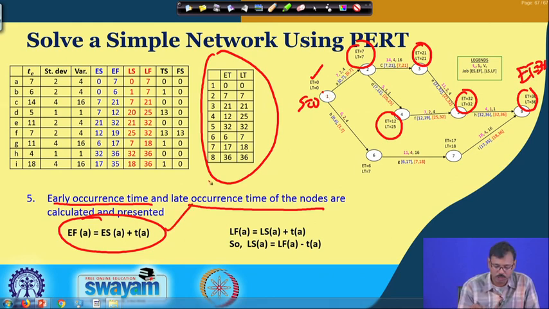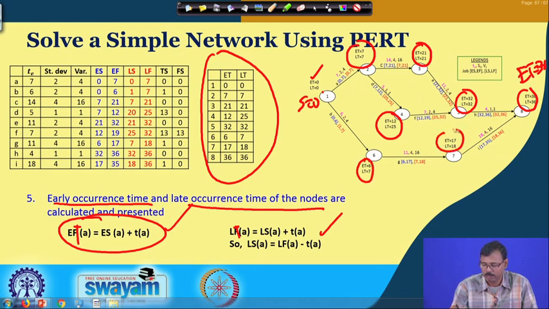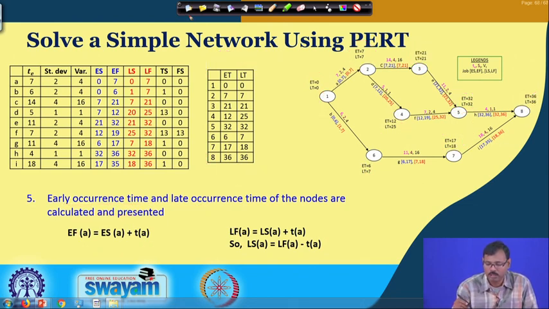Using this formula we have come out with the decision of where the times will be placed, and finally this formula is presented for all the nodes. Here it is 6, here it is 17, and in the return path we have found the late finish time is coming here 18, and here 7, here 0. If you look into this in a little more detail, the early occurrence time is 7 here, because by completing this job we will reach here at 7.